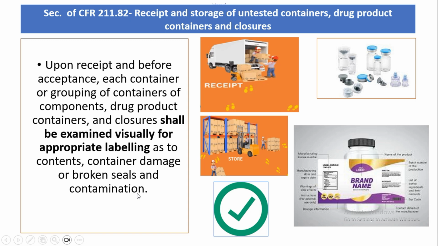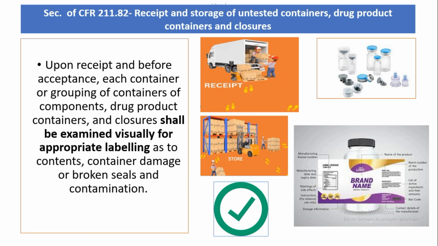As you can see in the image on the right side, whatever products we are receiving or storing should be properly checked for their labels. Because if the labels are not proper, how are we going to store that, how are we going to maintain the stock, how are we going to dispatch that material, how are we going to reply to the inspector when they inspect our warehouse?